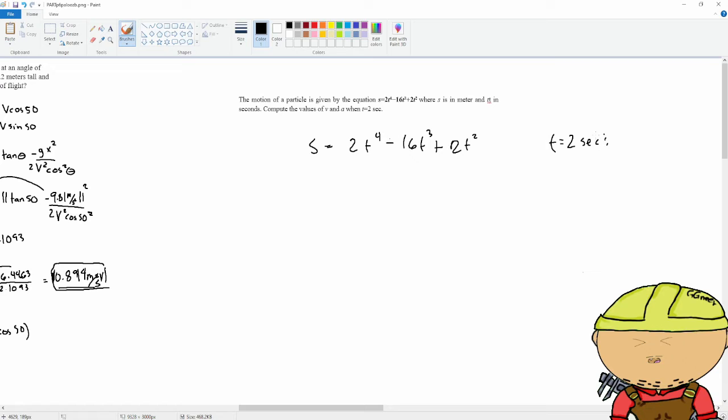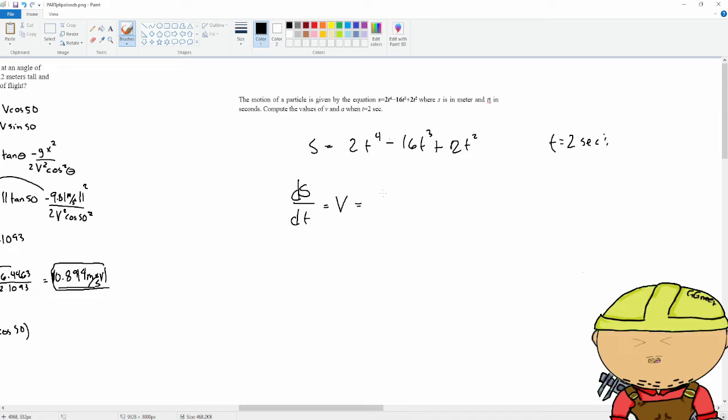We can do this. In order to get velocity, we just differentiate with respect to time, just like we did on the problem solving on statics. If you guys haven't watched statics part 2, you should watch the previous video. Differentiate s with respect to time for velocity.